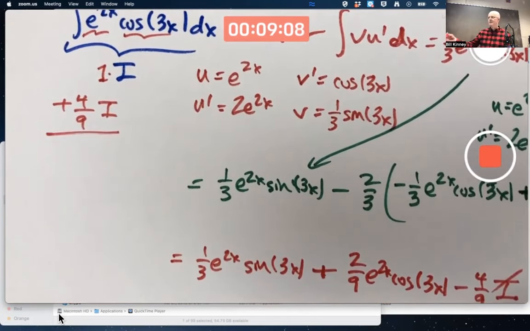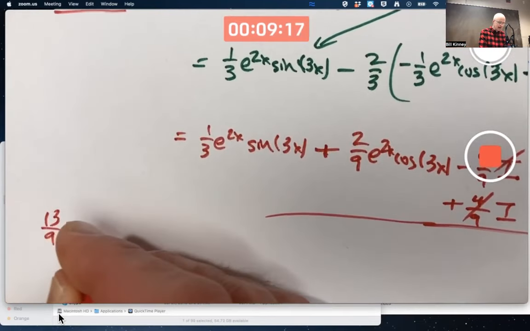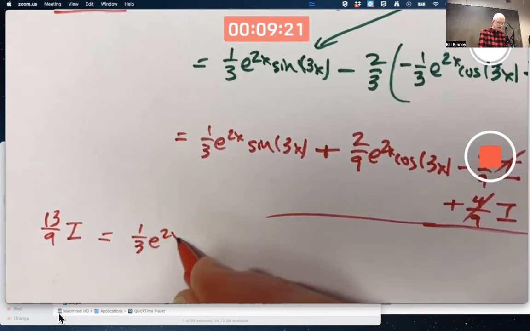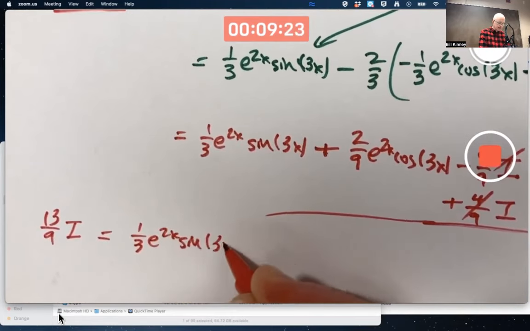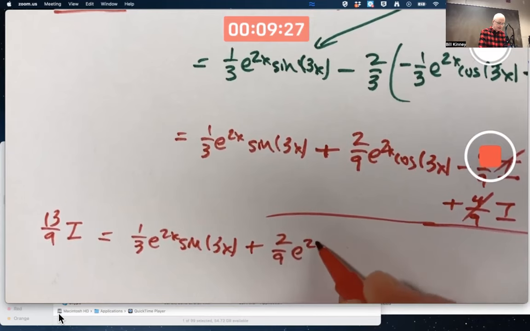So getting that common denominator of 9, 9/9 plus 4/9 is 13/9. 13/9 I equals 1/3 e to the 2x sine 3x plus 2/9 e to the 2x cos 3x.